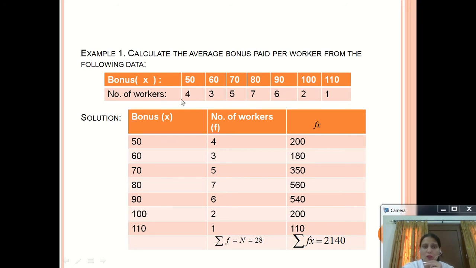Clear? So we have to find the average bonus. So bonus is x because we have to find the average bonus. That means we will take bonus as x and number of workers as f. So summation of frequency we need in direct method. Summation of f is equal to capital N, add all these data.